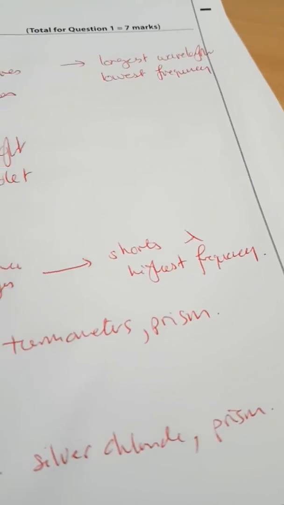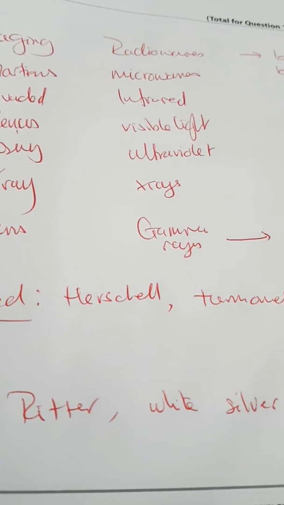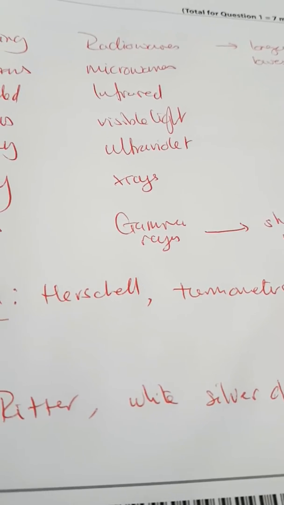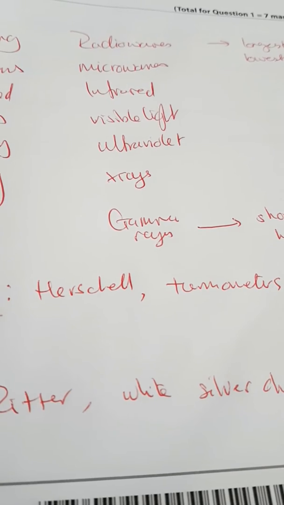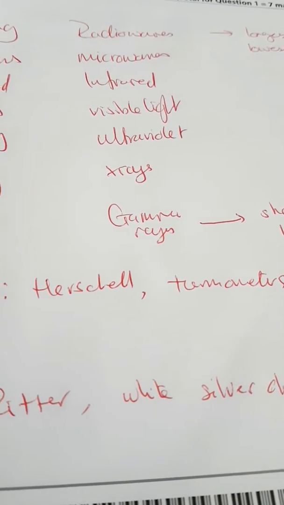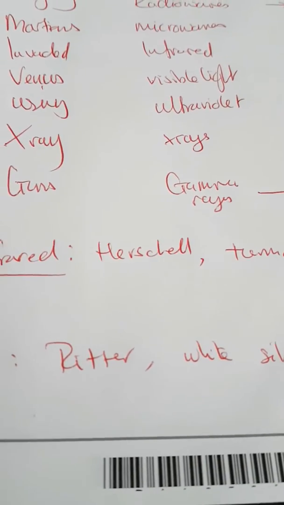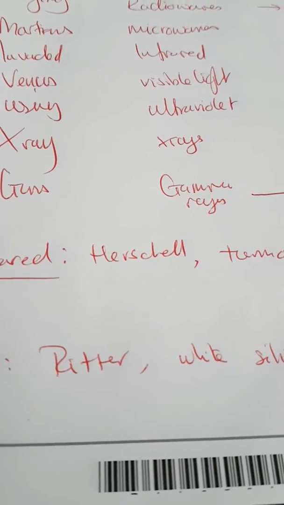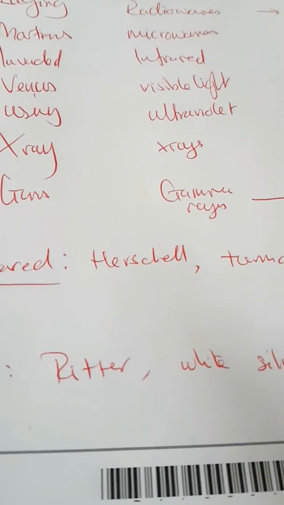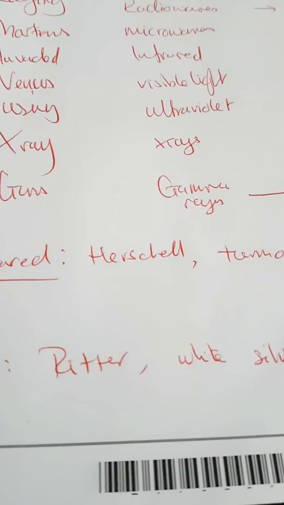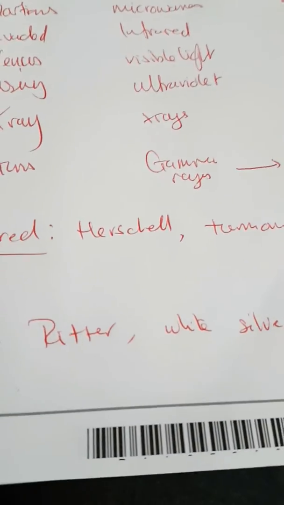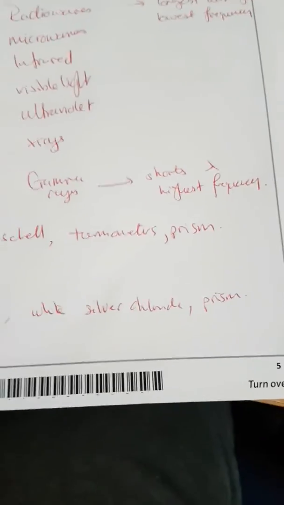When he split it into those colors, he tested each color of light using a thermometer, and what he found was that as it went from violet to red, the thermometer showed an increasingly warm temperature.